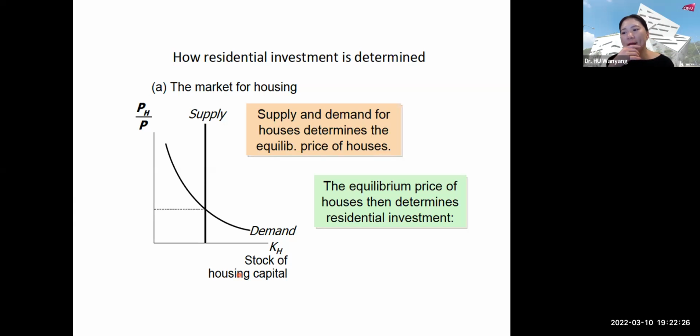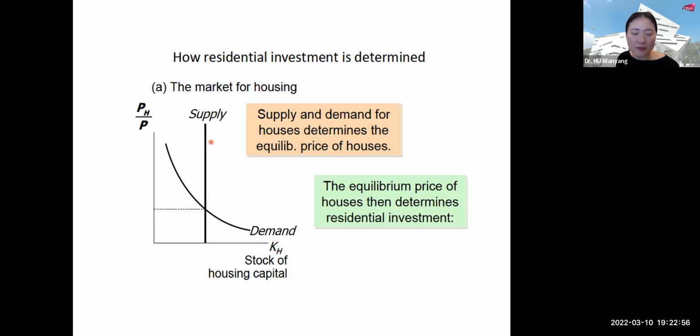And we have a downward sloped demand. This is typical. The supply and demand relationship will determine the equilibrium price of houses. We find the intersection and get the equilibrium price and the equilibrium housing stock. The equilibrium price of houses then determines the residential investment.